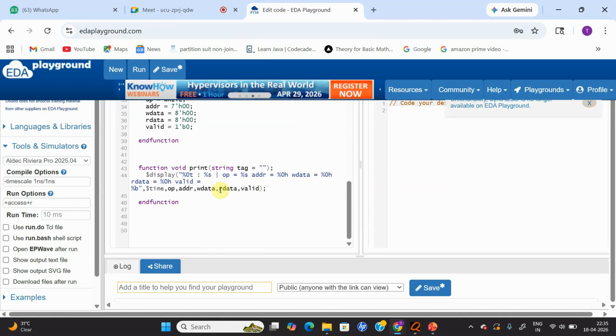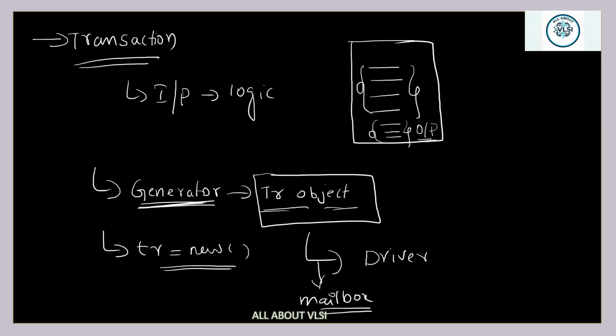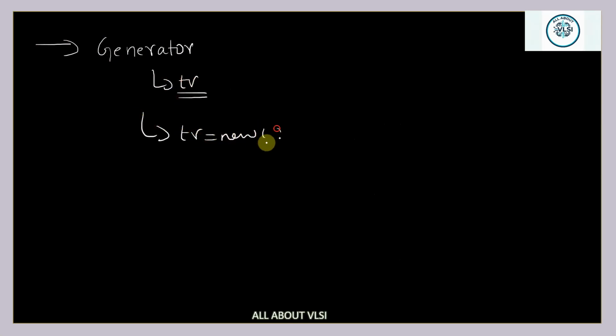Now, if I want to call this print function, I need to use this transaction class handle and call the print function. Then only I am able to call my print function. Okay. Now, your small task is you all can try building a generator class, and in this generator class, declare a transaction class handle, create the transaction class object, and randomize the data, tr.randomize.